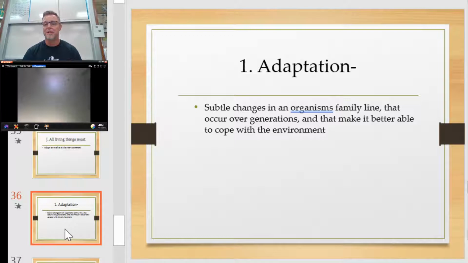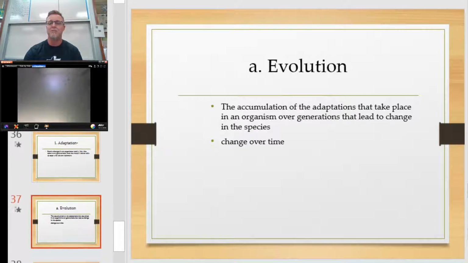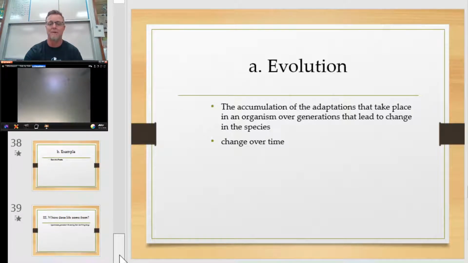These subtle changes will take place literally over generations, and the idea is that as those generational changes occur, the individual family line becomes better able to cope with the environment. As that organism changes and becomes more and more distinct, the accumulation of adaptations is ultimately what we define as evolution. So living things can and should actually adapt to their environment.